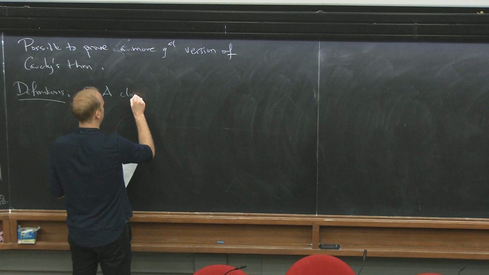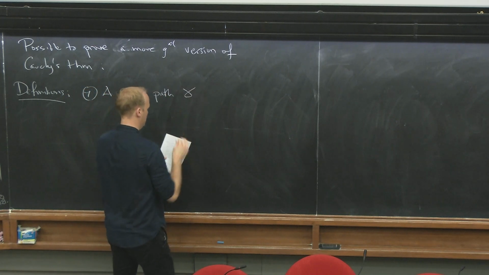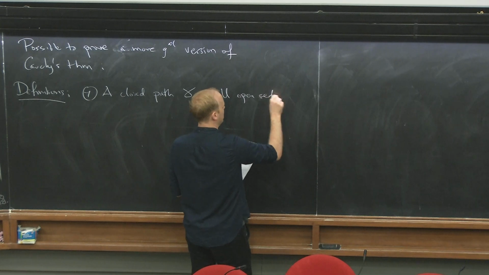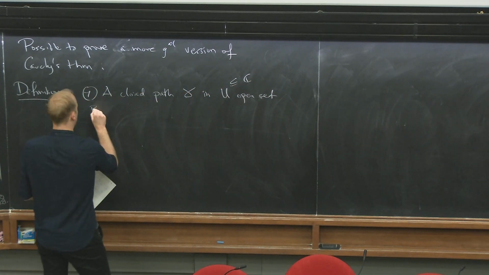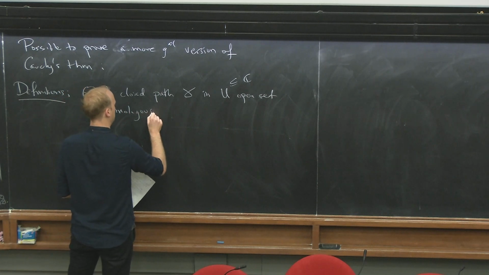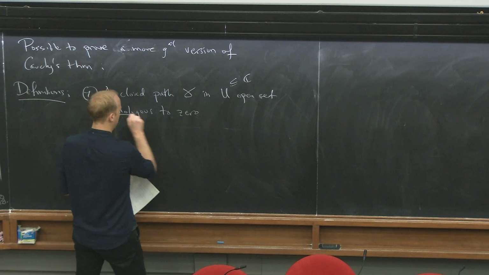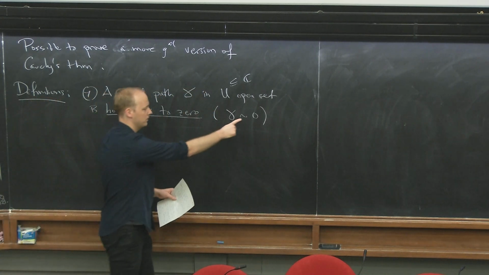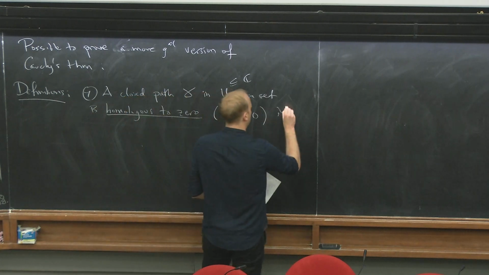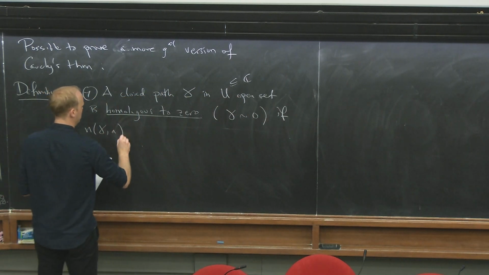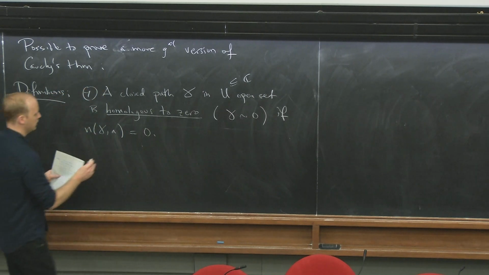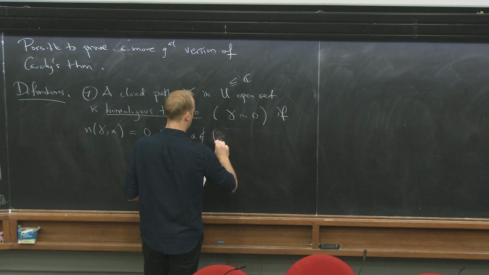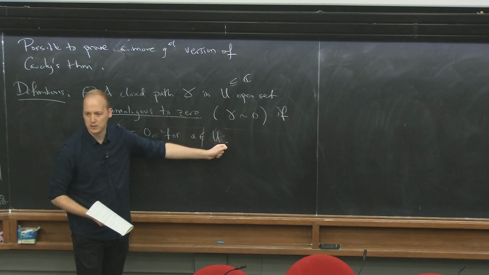So a closed path gamma in some open set U, a subset of C, is said to be homologous to 0, and we write it like this, gamma twiddle 0, if the winding number is equal to 0 for all points a not in this open set U.